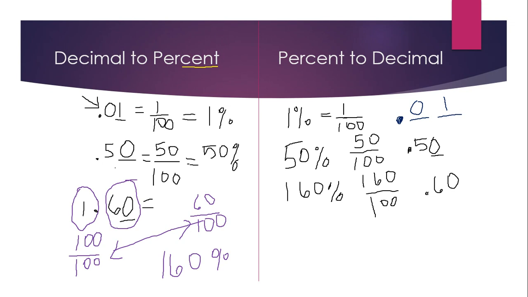And since 100 of 100 is a dollar, it'd be like this. You can think of it as 160 pennies. How would I make that into a dollar? Well, I have to make groups of 100 to make a dollar, which is right here. And then what's remaining would be just my cents value.